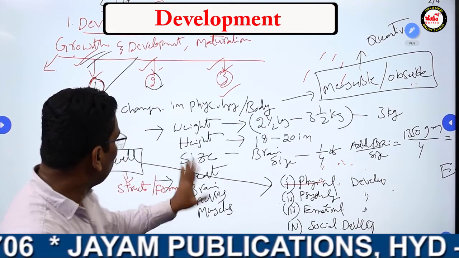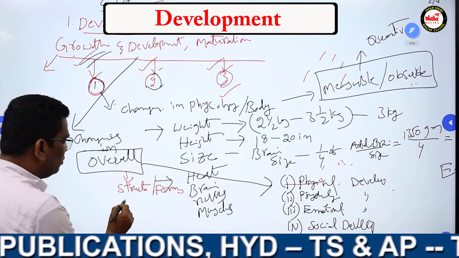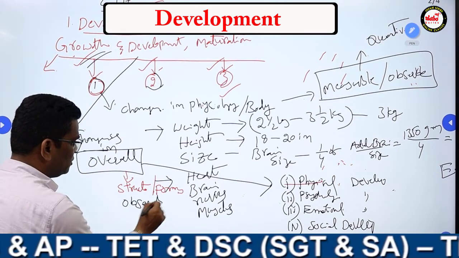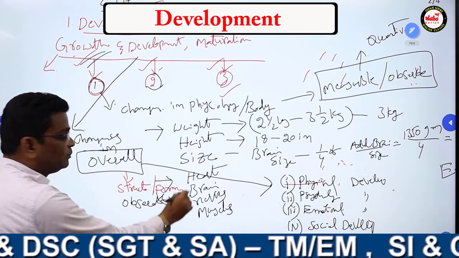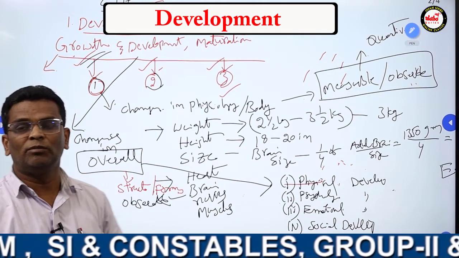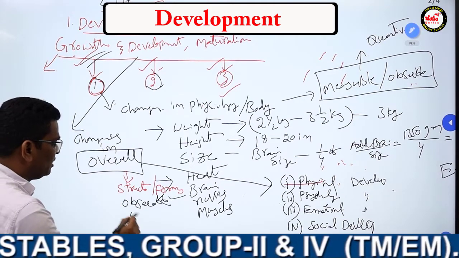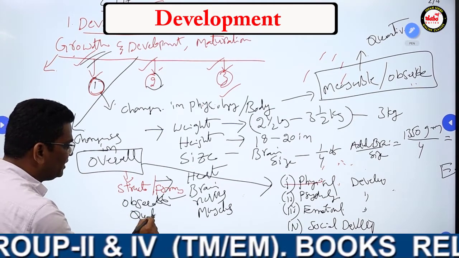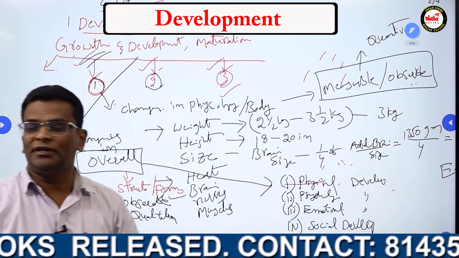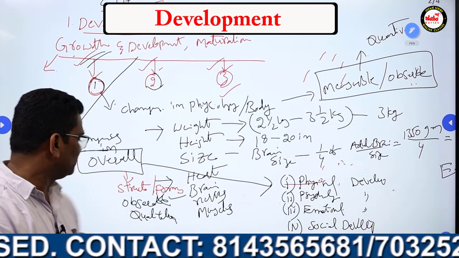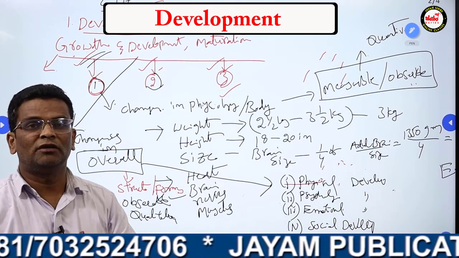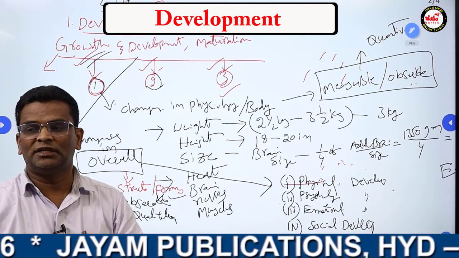Means development is only observable. It's not measurable. So it is called as qualitative. Growth is quantitative, but development is qualitative, because we can't measure it.